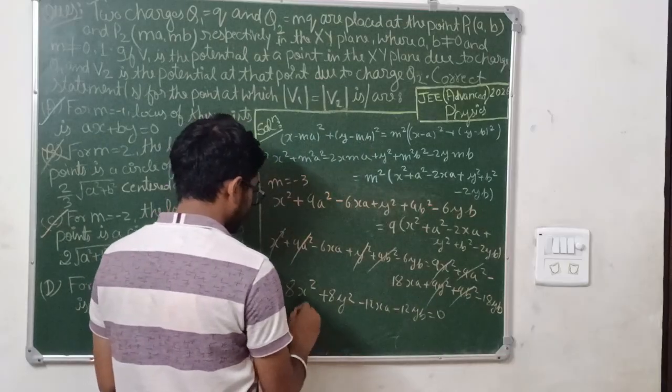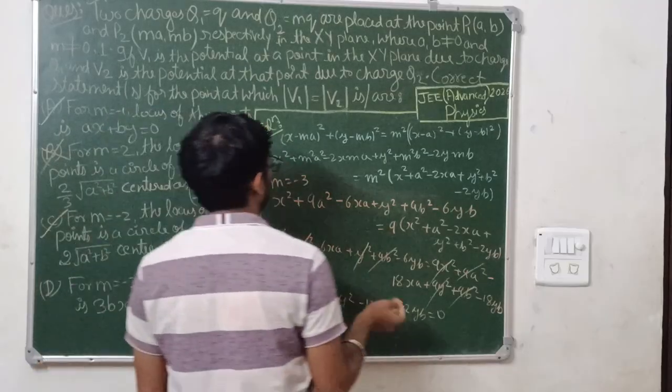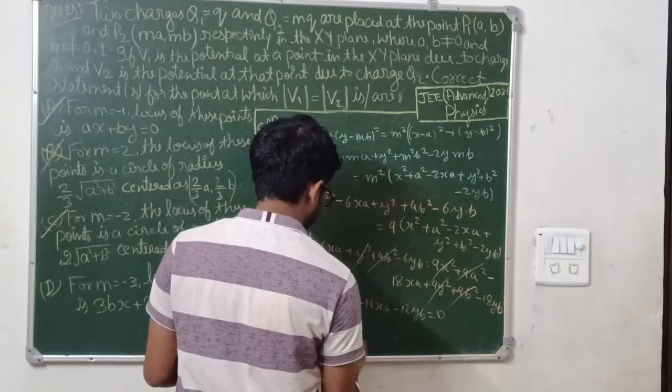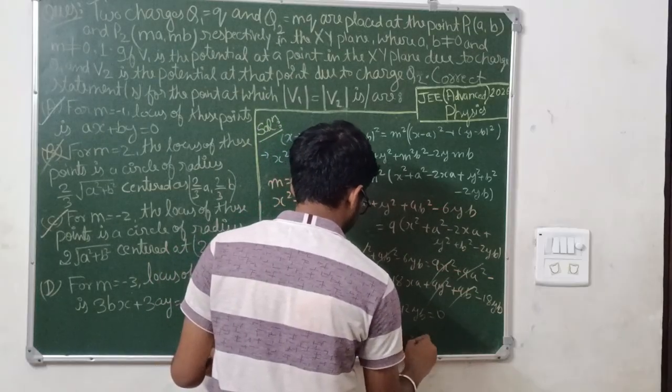Leading coefficient 1, so x square plus y square minus 3 by 2 xa minus 3 by 2 yb equals 0. So this is the locus.